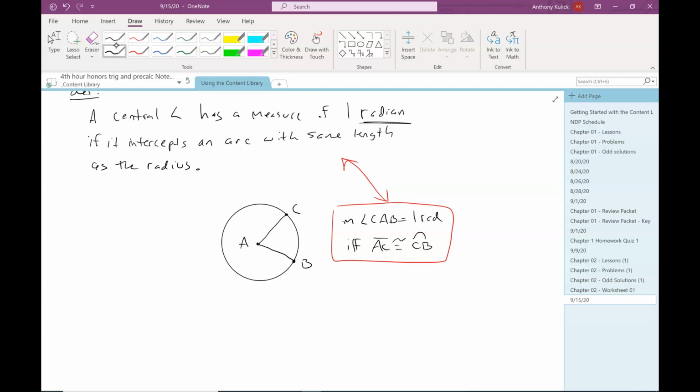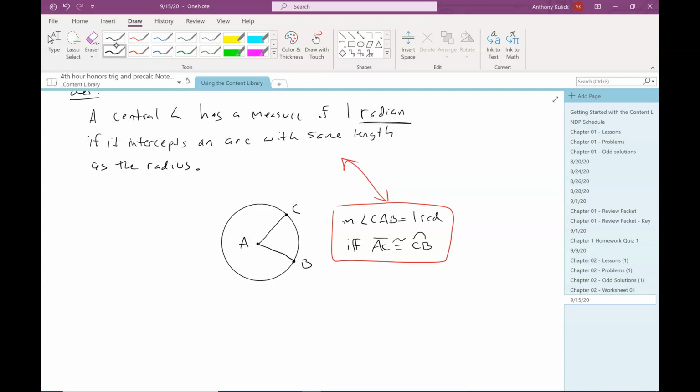Okay. So again, we have 2 ways to measure an angle. We have degrees, and we have this other measurement, radians, that is a little bit more abstract. The way that I like to think about it, and the most useful way to think about it, is trying to relate the arc length to this measure, radian.